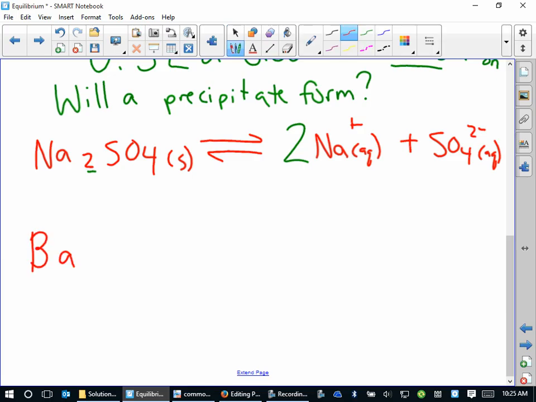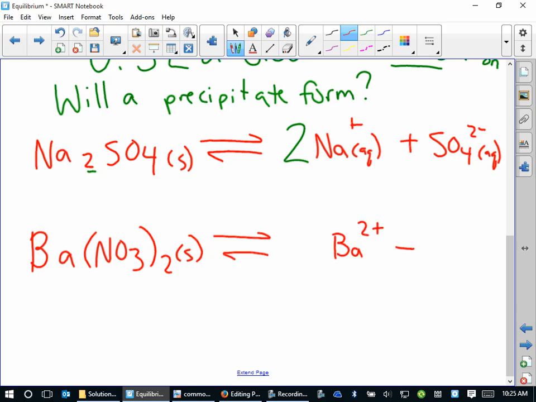Here I have barium nitrate in solution, and that's going to go to Ba2+ and 2 NO3 negative 1. So I already balanced that one. Those are in solution. 2 NO3, 2 NO3s. Good.